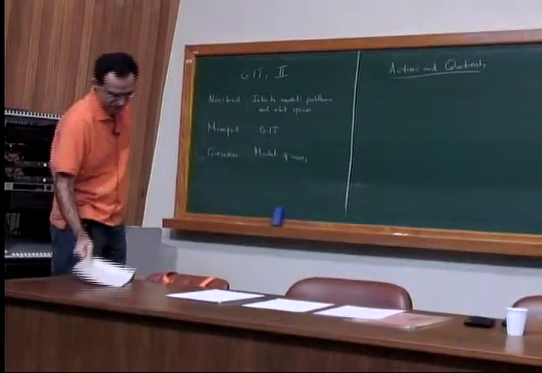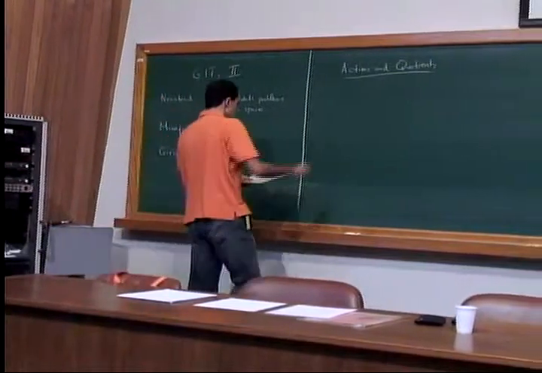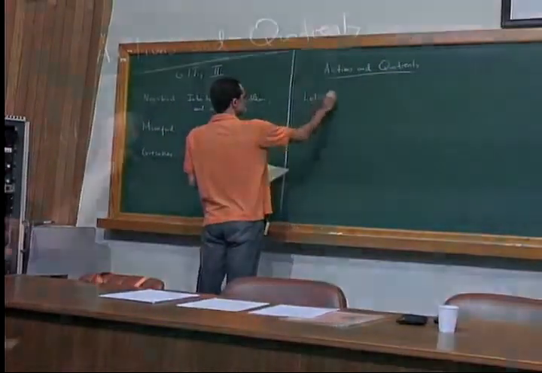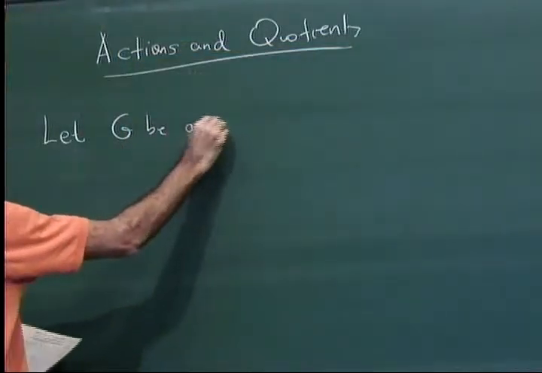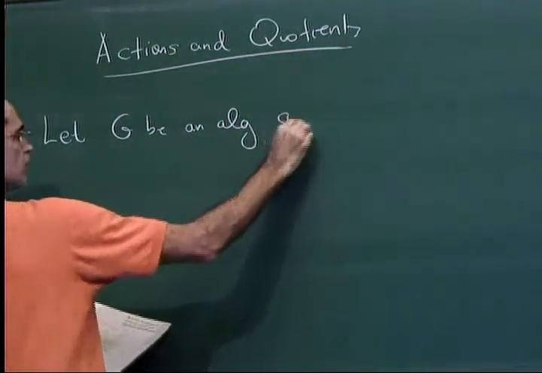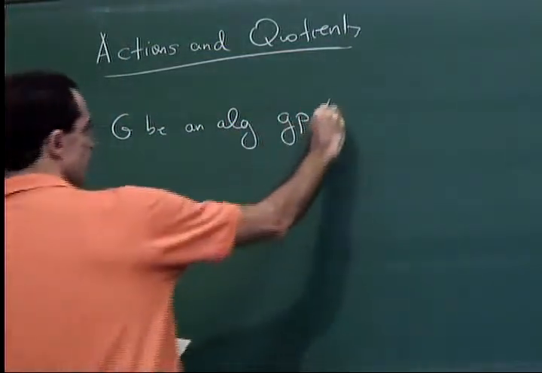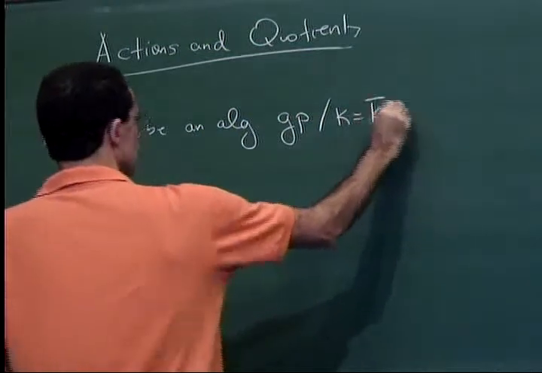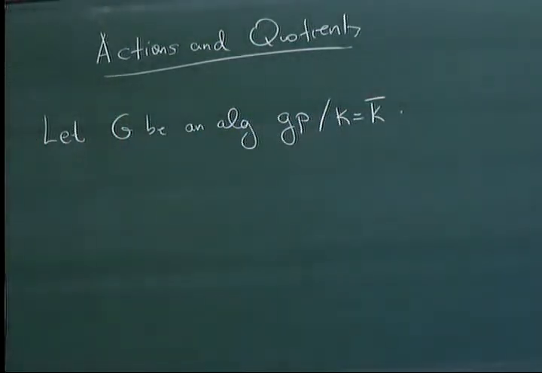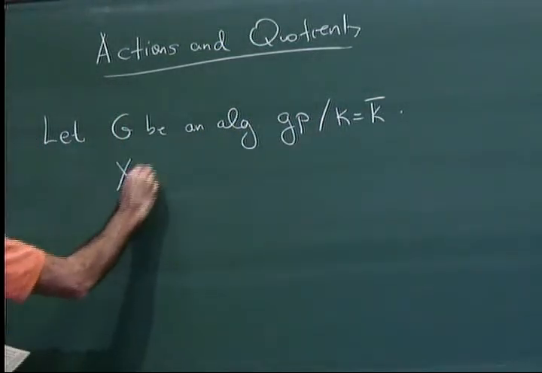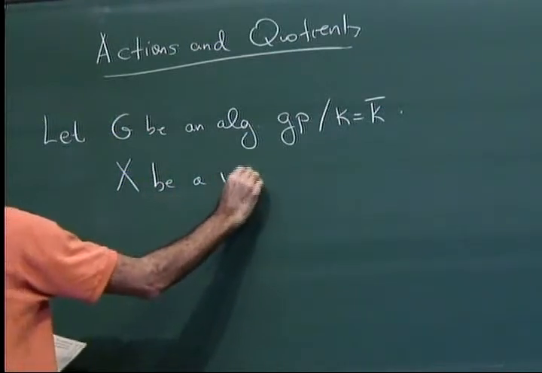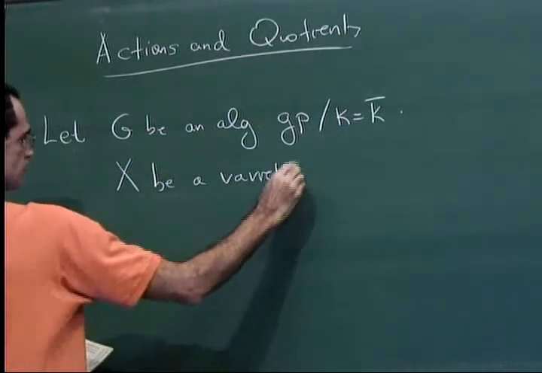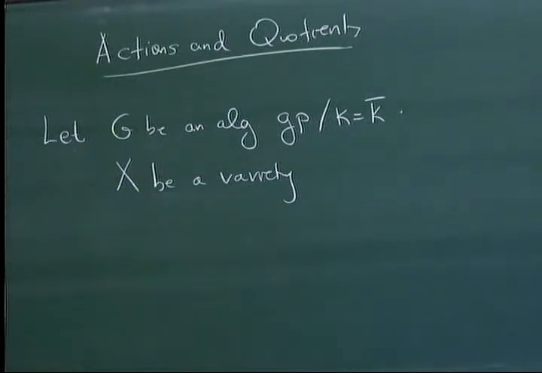But part of it is more general, if you want. So let G be an algebraic group defined over an algebraically closed field, and X be a variety over the same field.